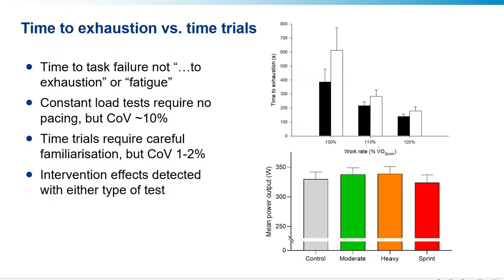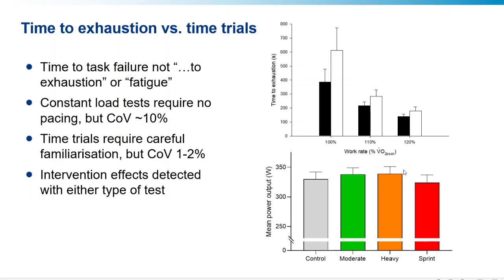When we did exactly the same intervention, but this time used a 5-minute time trial, here we see the change in mean power output. So it goes from approximately 330 watts up to almost 340 watts. So that's a change of about 3%. So we've got 30% here and 3% here.